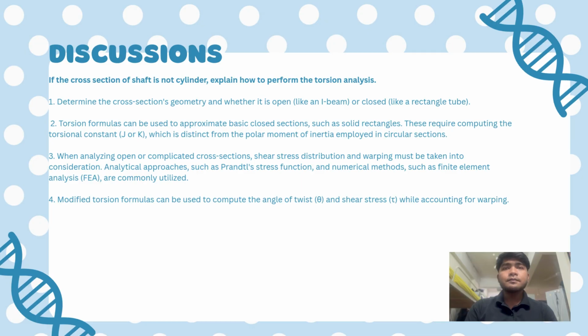Okay, the third one is, when analyzing open or complicated cross sections, shear stress distributions and warping must be taken into consideration, and analytical approaches such as stress functions and numerical methods such as finite element analysis (FEA) are commonly utilized.